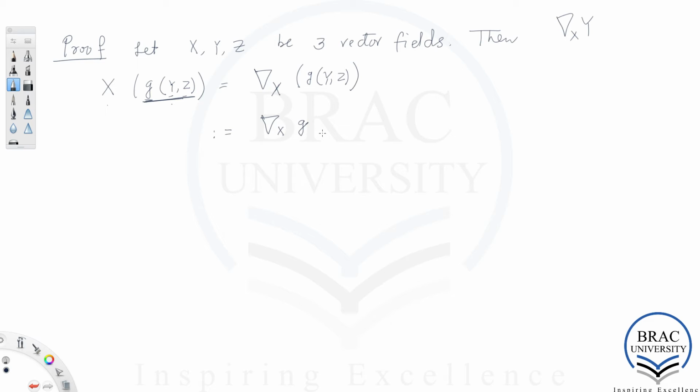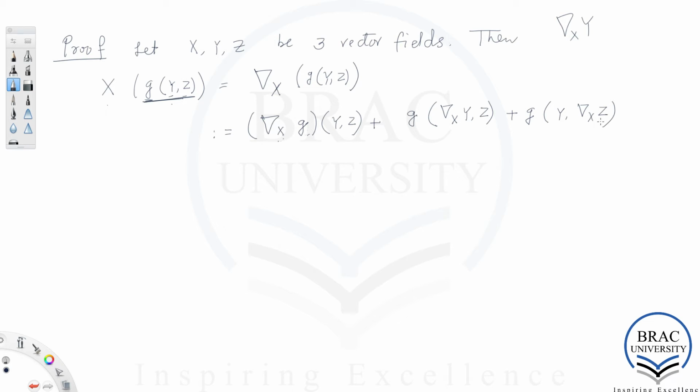What is this nabla_x g? The covariant derivative of the tensor field g along the vector field x gives us a new (0,2) tensor field, which acts on y, z to give a scalar function, plus g(nabla_x y, z), which is again a scalar function, and then g(y, nabla_x z), again a scalar function.